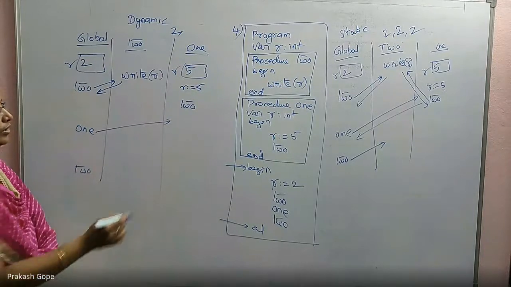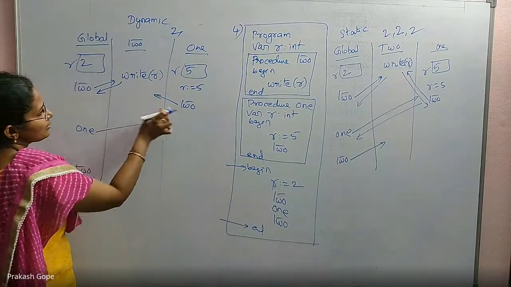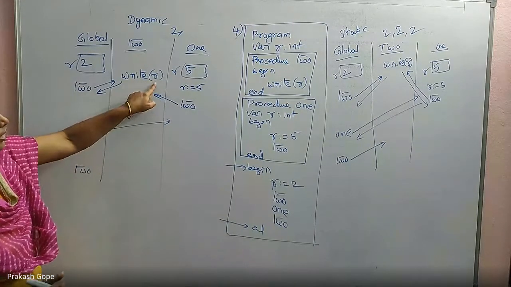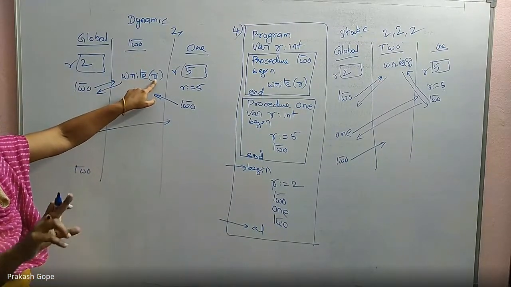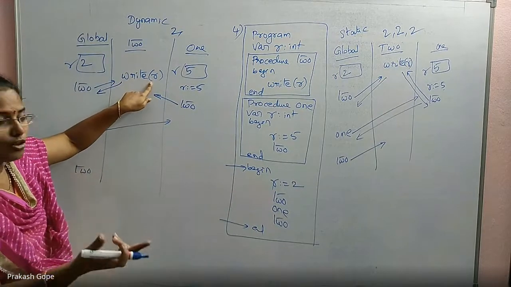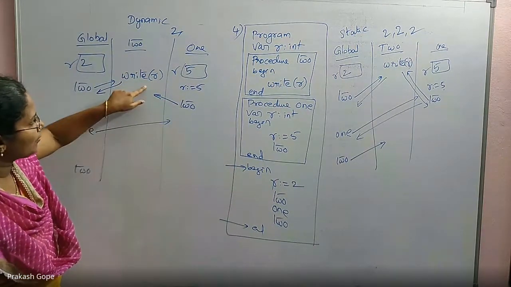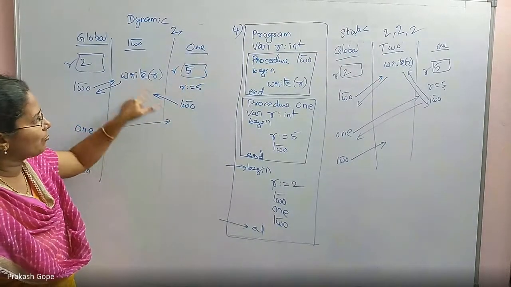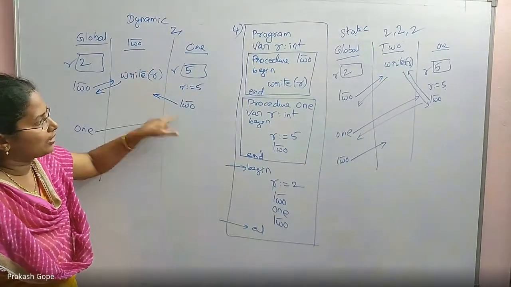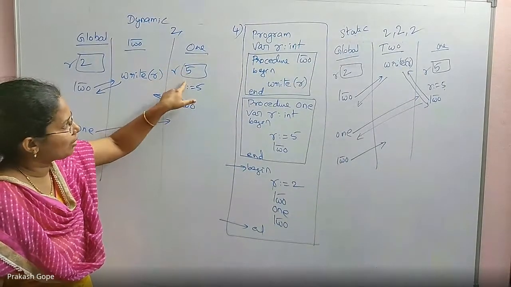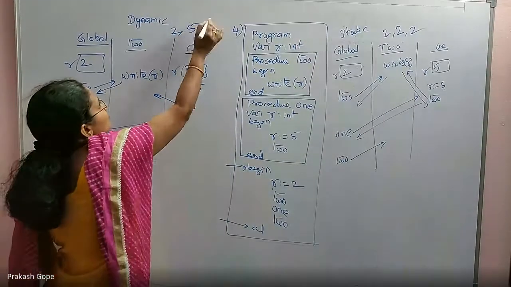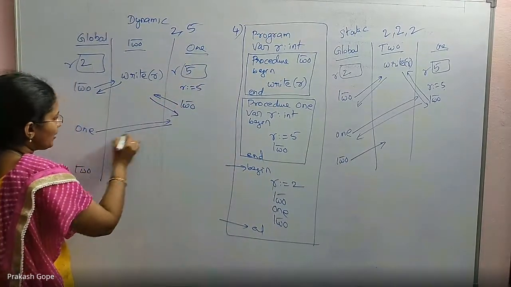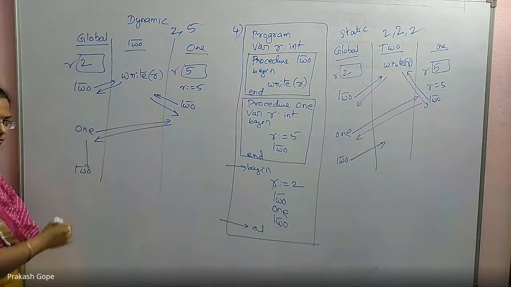So jump to 2's environment and execute write R. When I don't have a locally declared R, dynamic scope says calling environment's R. Now the calling environment is 1 because the procedure call is from 1. So calling environment's R, which is 5. Execution completed, go back. This execution is also completed, go back and continue.